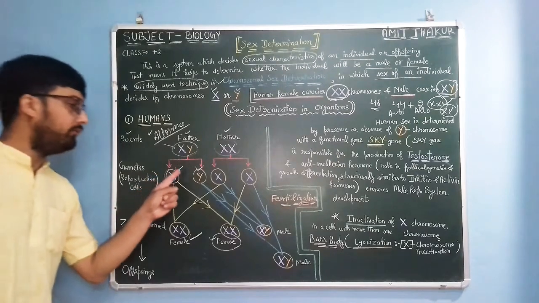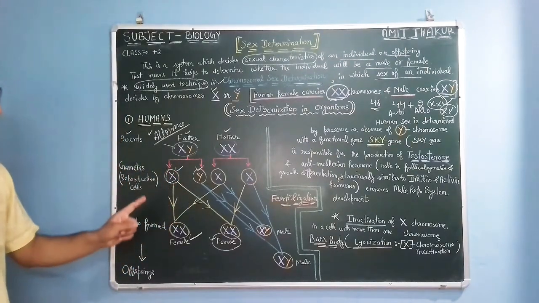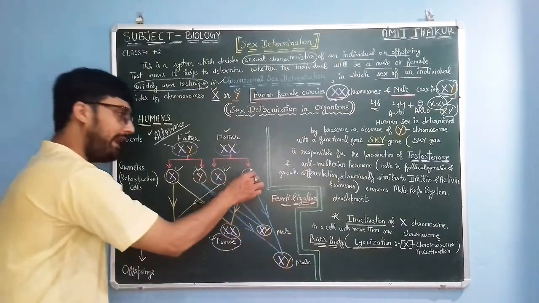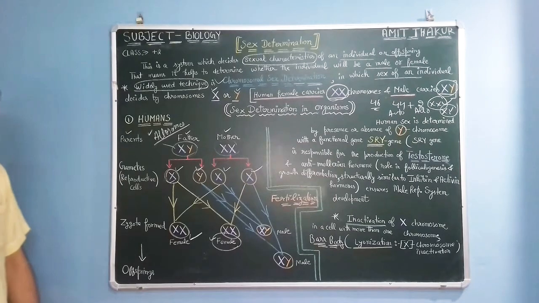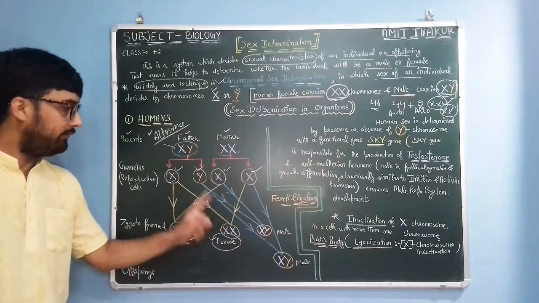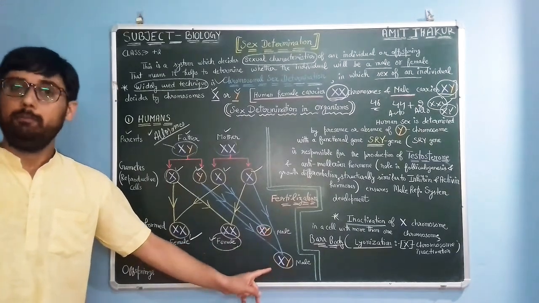But if the Y chromosome of the father fertilizes with either X chromosome of the mother, what would be the result? X and Y, X and Y. Both individuals would be male.